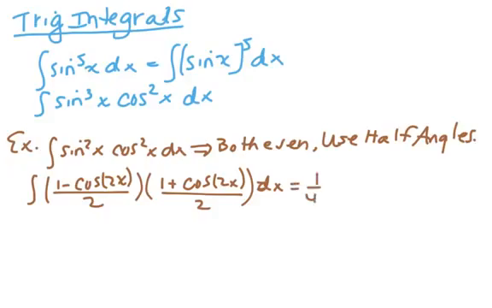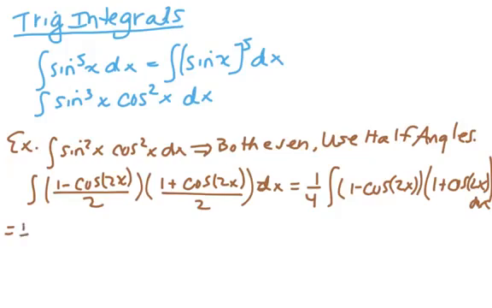I'm just going to pull out the 1/4, and I'm left with a little bit of algebra to do. You're going to have to FOIL this out. Running off the page there. So let's FOIL that out, and I get 1/4 the integral.